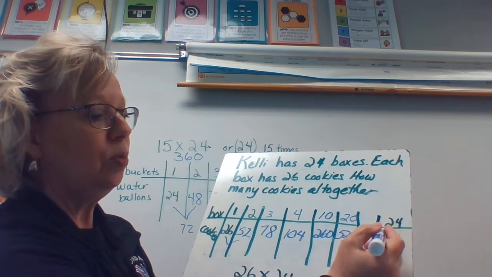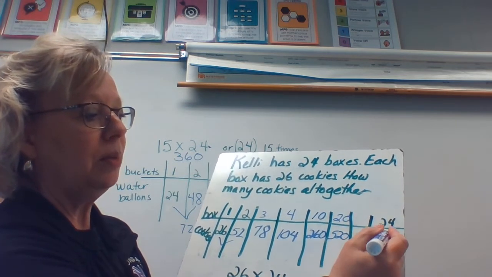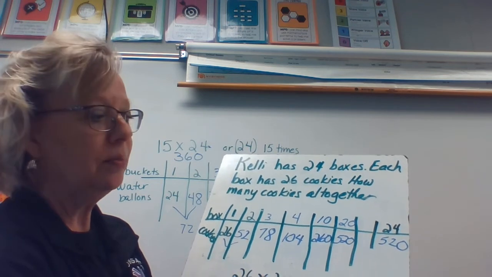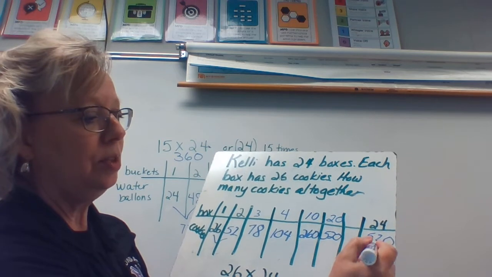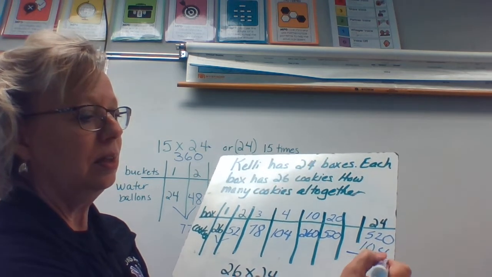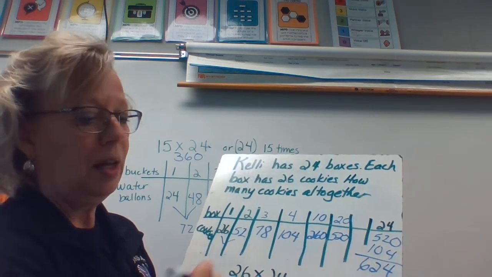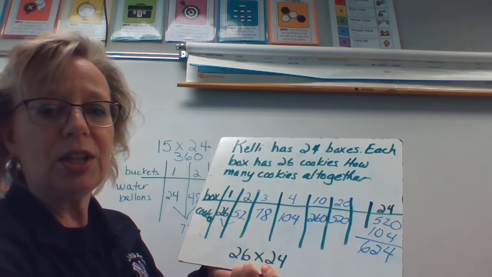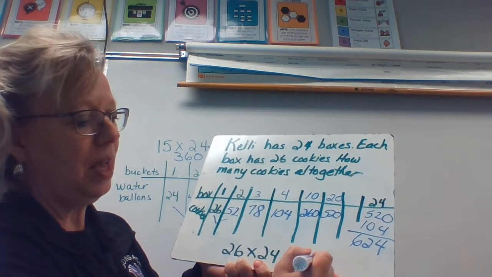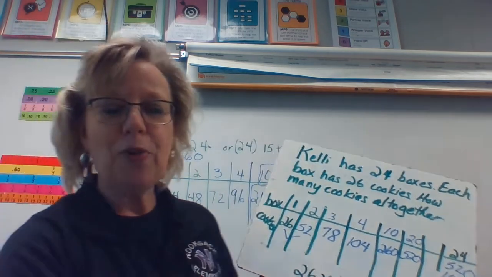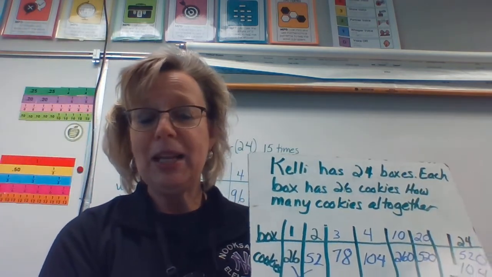Which means when I get to 24, I'm going to do 520 plus my 4 number, 104, means I need 624 cookies. Okay? So there's your work for Monday and Tuesday.